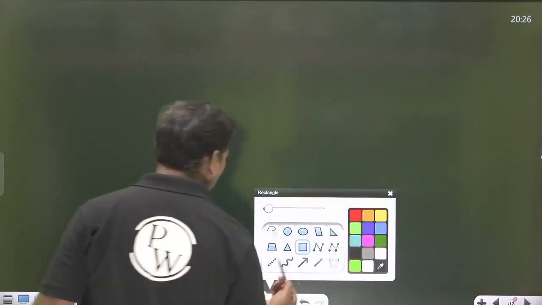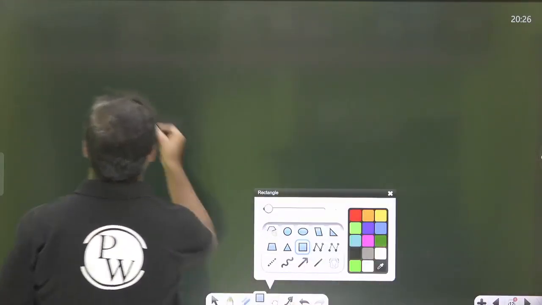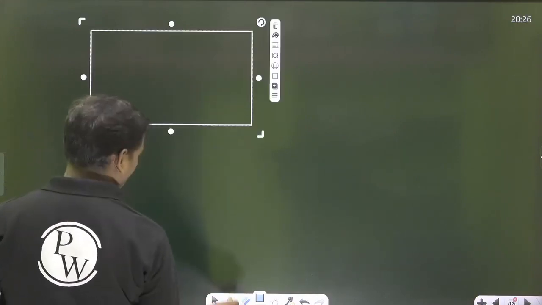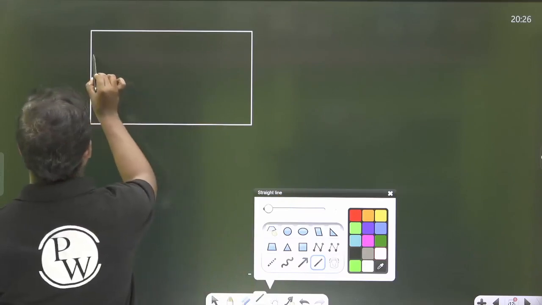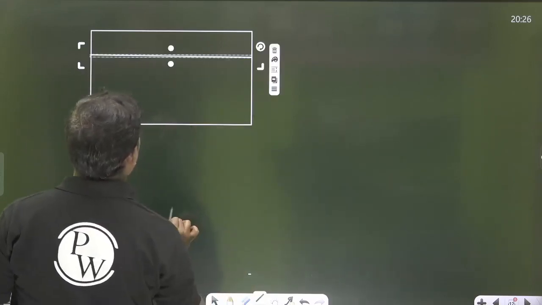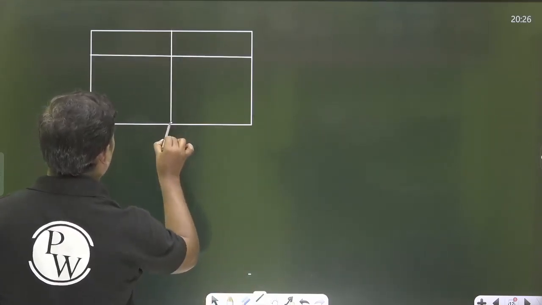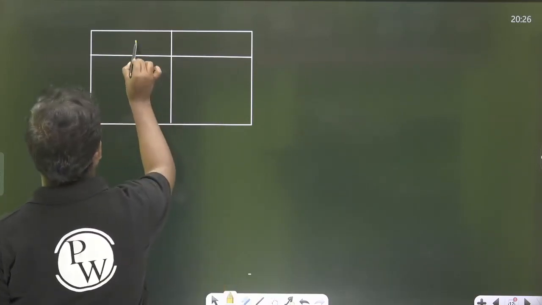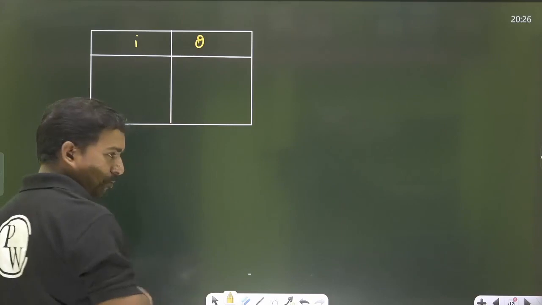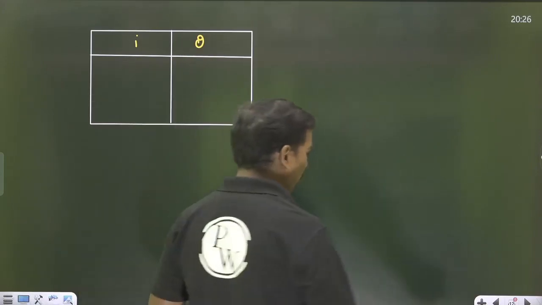Let me take a table, with current in one column and deflection in the other.